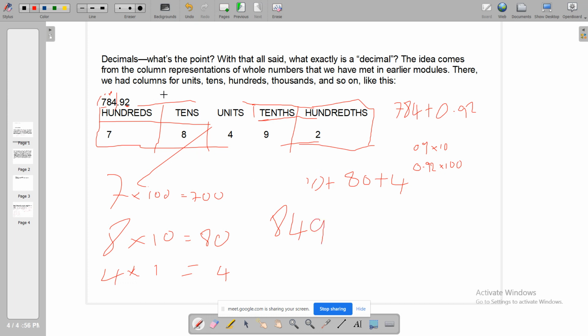We just break it down like what we've done. Tell me each position. What is the position for the 8? Who can tell me?